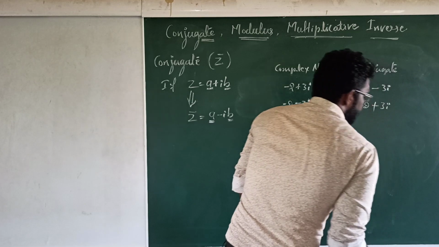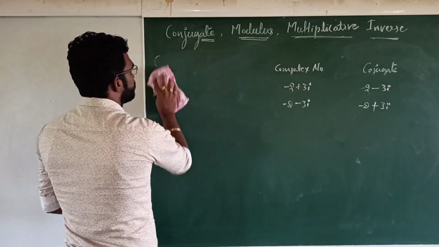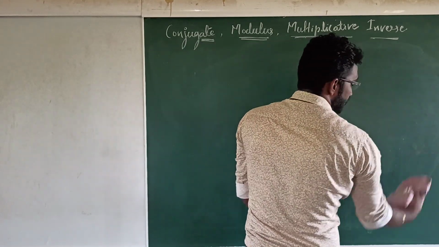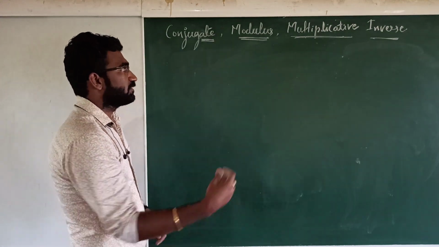Now we are going to see what is the modulus of the complex number, right? So definition we'll see, then afterwards we'll go for the examples. Then afterwards we are going to see the geometrical approach of this modulus, right?